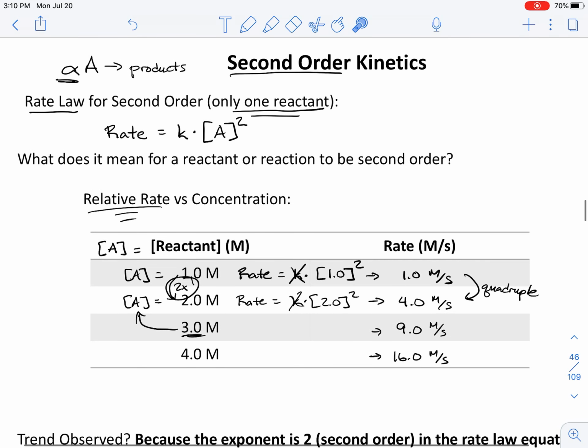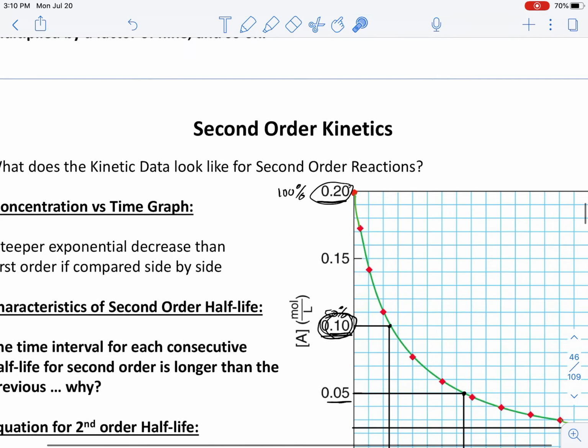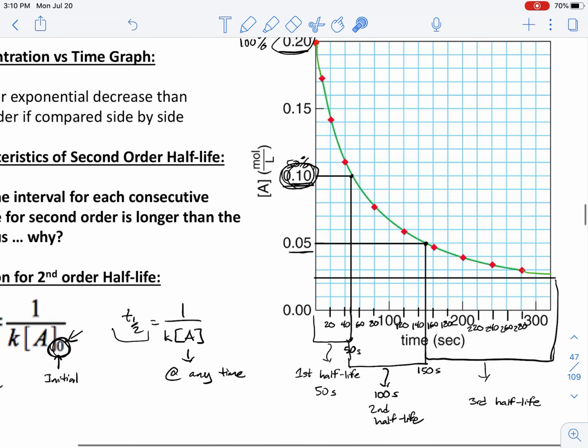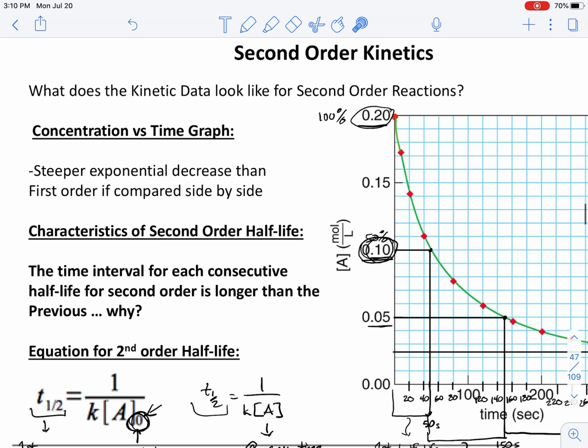All right, and so you have a lot of characteristics that can help you determine if the reaction is following second order. You can look at how the concentration changes. So basically, if the concentration doubles, then you quadruple the rate of reaction. You can look at it in terms of half-lives. So if the consecutive half-lives get longer and longer and longer, then that's indicative of second order kinetics.